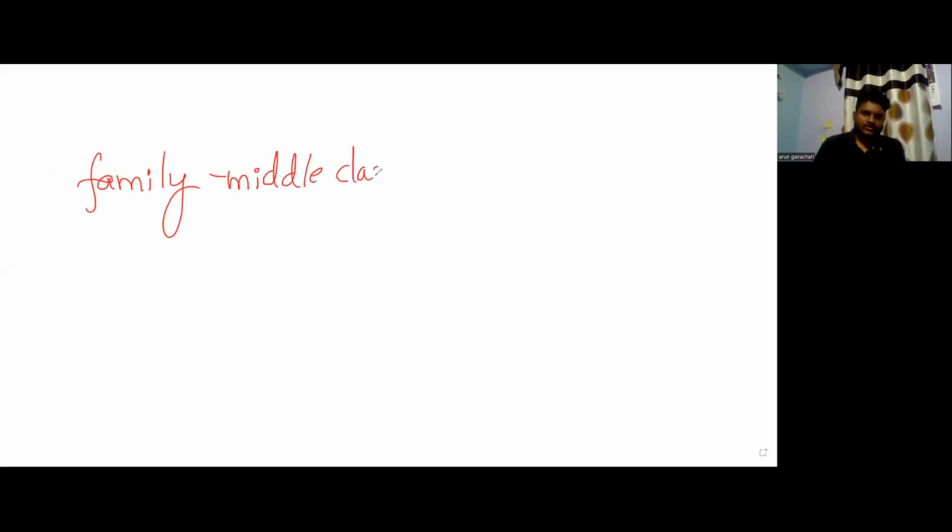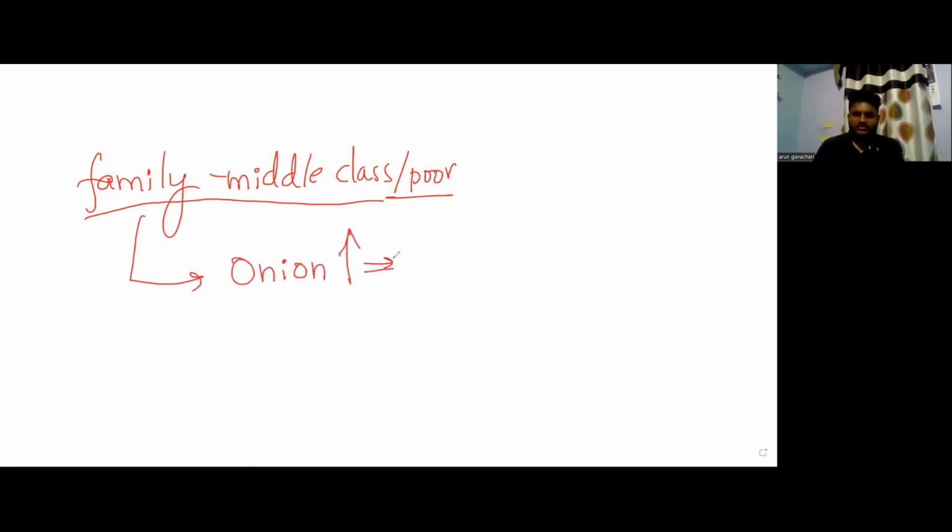We have a family which is middle class, or you can also say it is poor for that matter. Now, if the price, take anything, for example, let us say we are buying onions. As soon as the price of this product increases, what will happen to the consumption of that product?